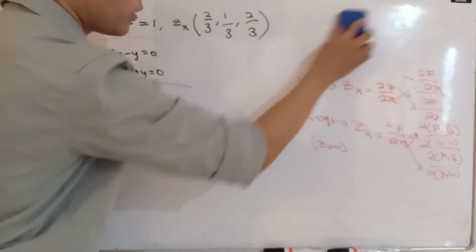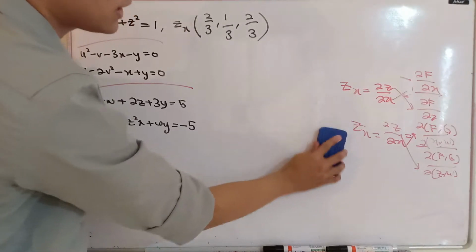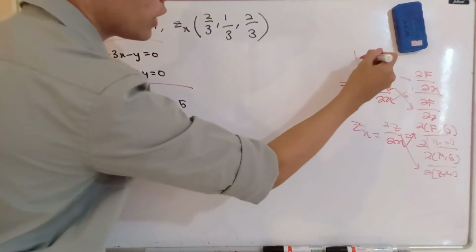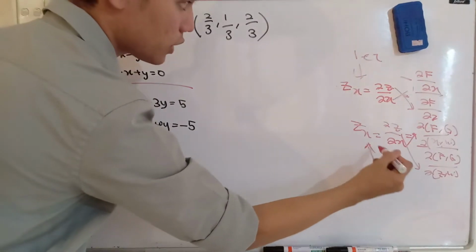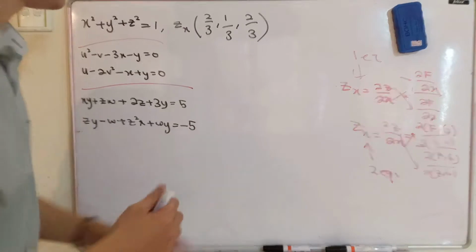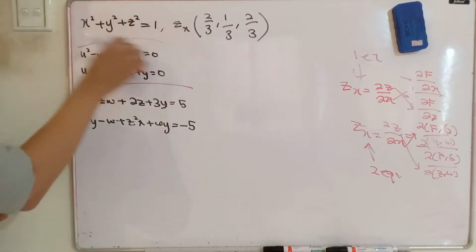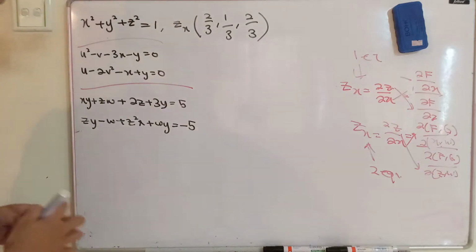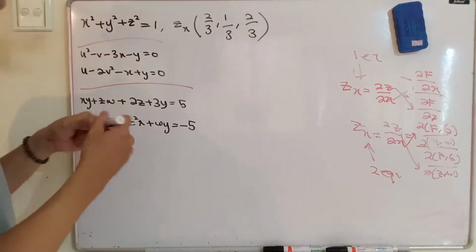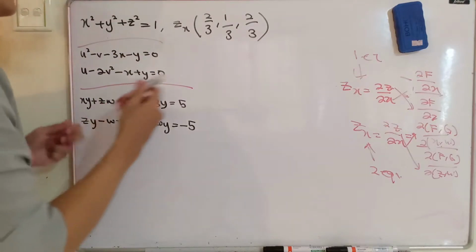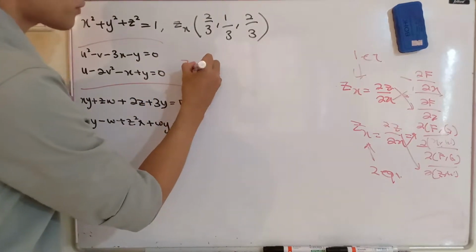So what you need to remember is the first one is one equation only, and this one is two equations only. Here we have one equation, here we have two equations. For the first one, I need to differentiate z with respect to x.